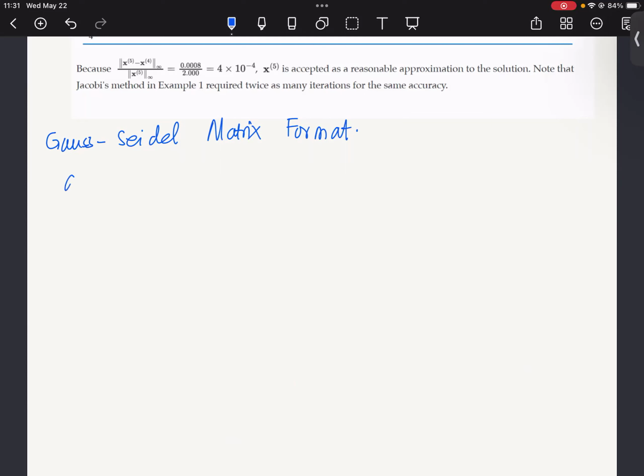So now let's write down the very first equation. I put the k iteration terms on the left, and then on the right we have the k minus 1 terms, corresponding to the Gauss-Seidel method.